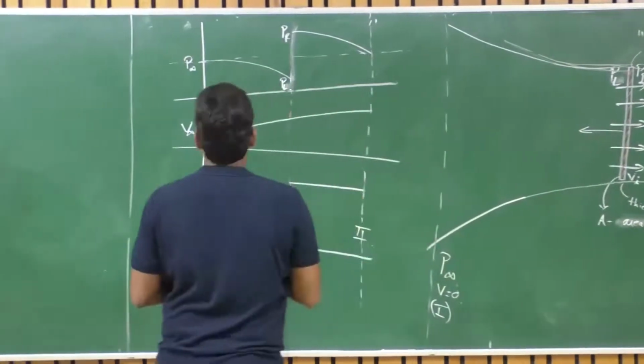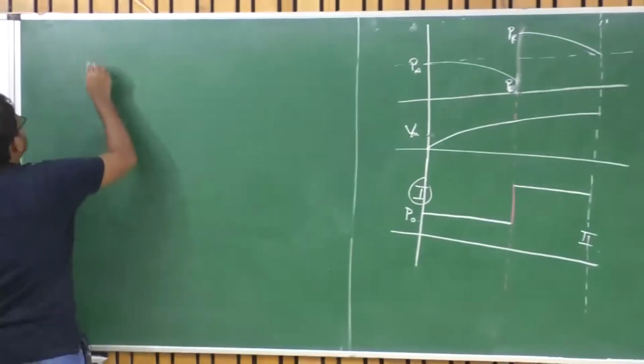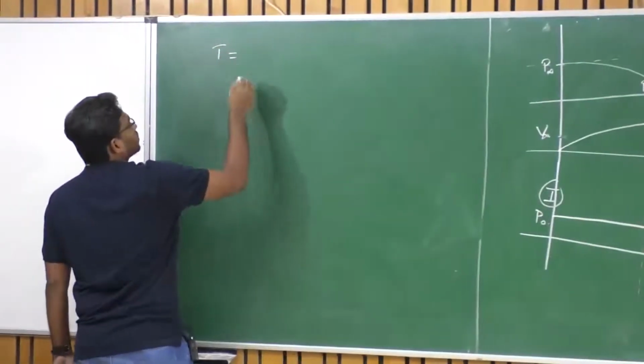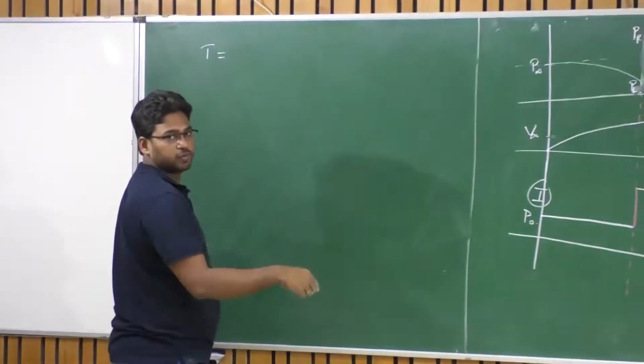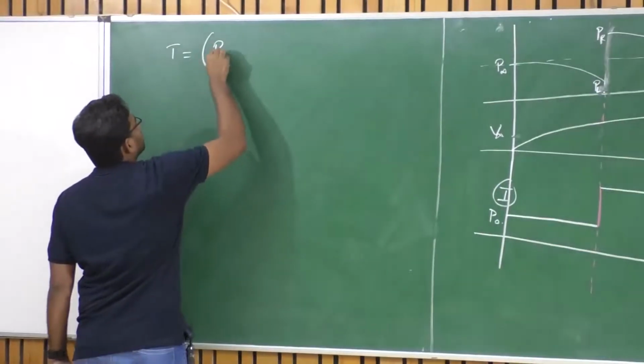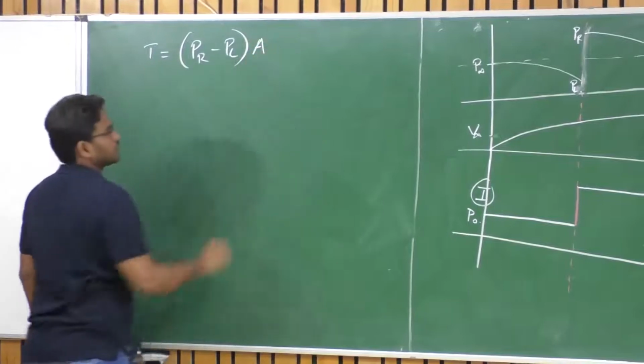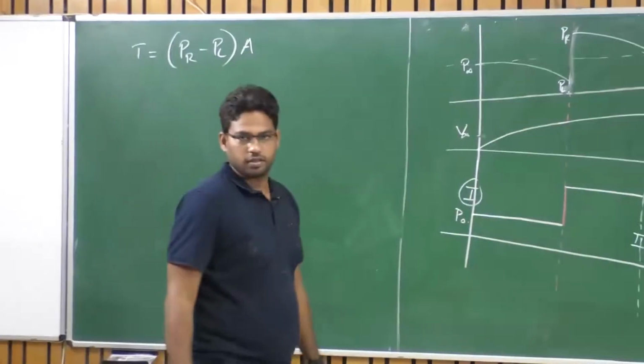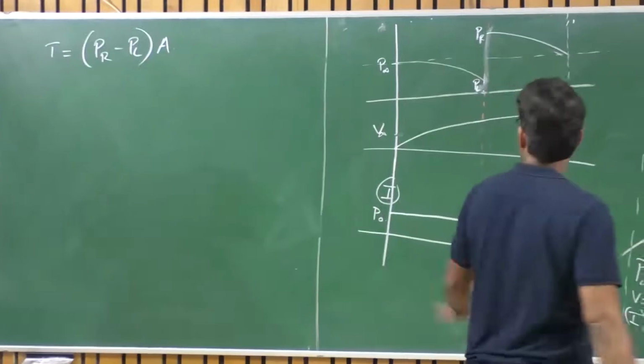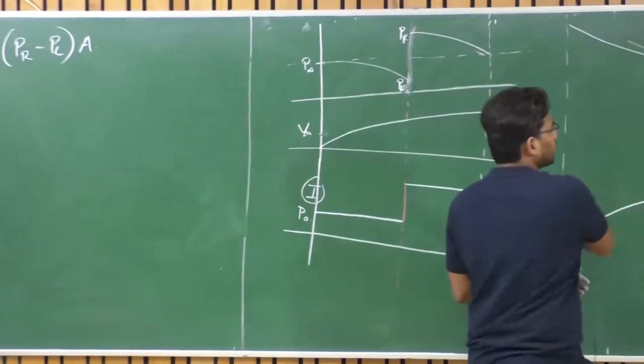So what must that push be equal to? There is a force because of this pressure difference across this disk, right? So what is the pressure difference? P on right minus P on left times the cross-sectional area of this disk. Is it not? This is the force with which the air is pushing this disk forward.